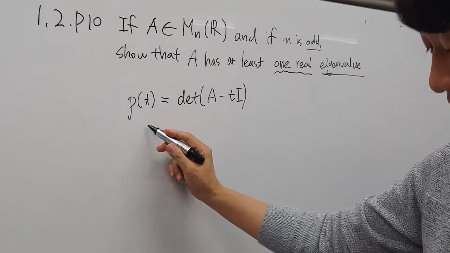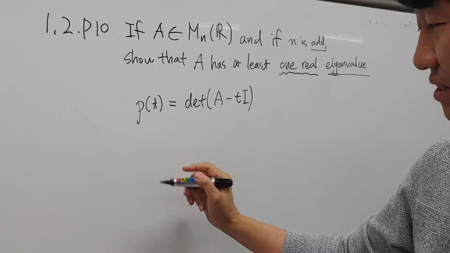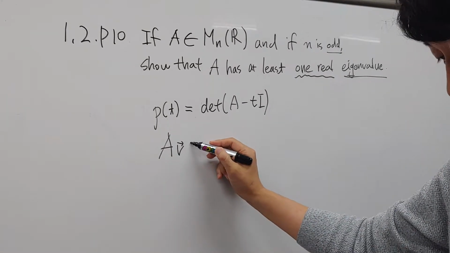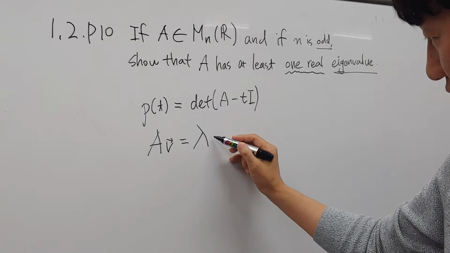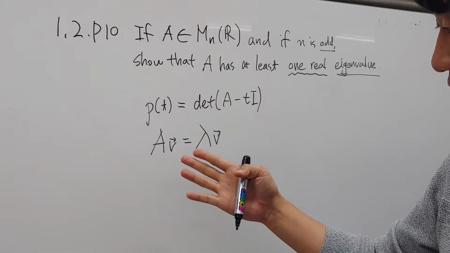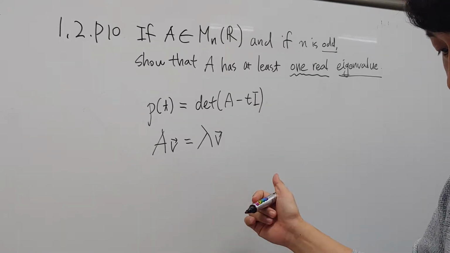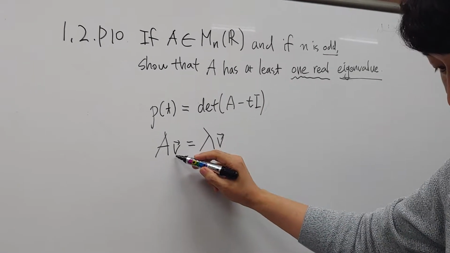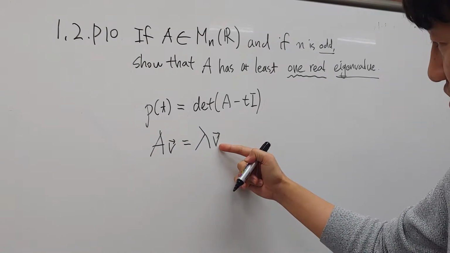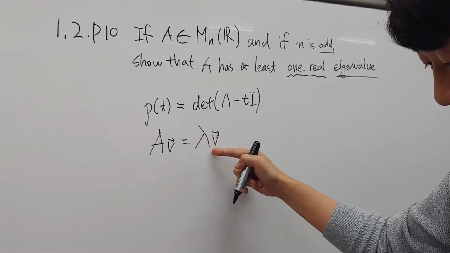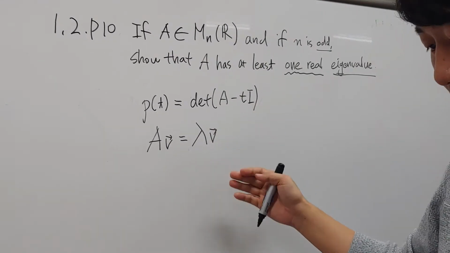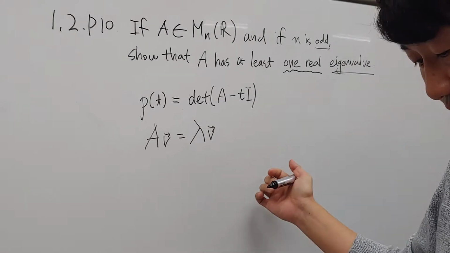Then, an eigenvector is defined by this formula: matrix A times vector v is equal to lambda times vector v. For an n by n matrix A, vector v is called an eigenvector, and under this condition we call lambda an eigenvalue, and vector v must not be a zero vector.